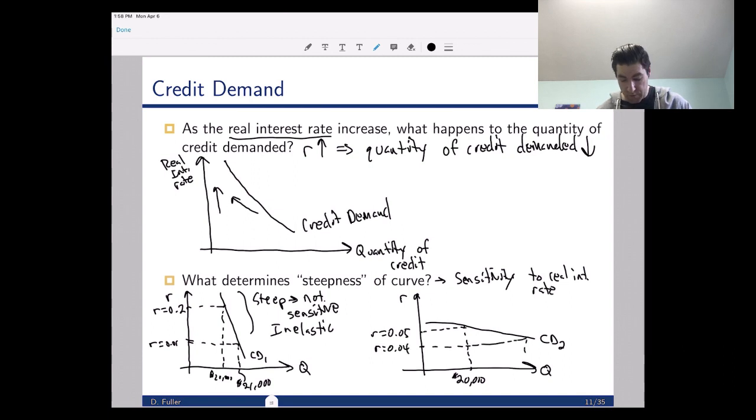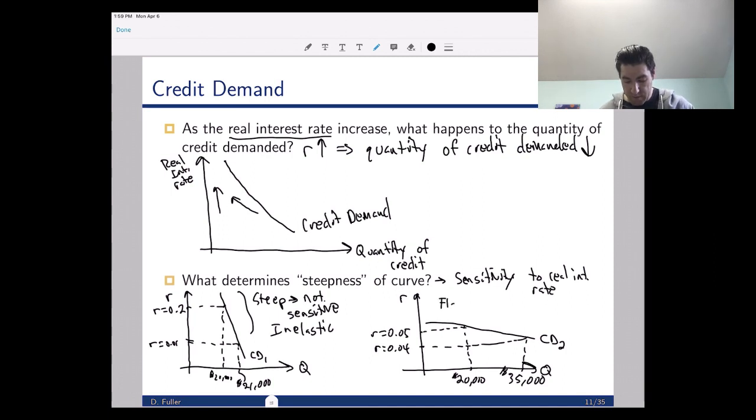Notice we go much further along the horizontal axis. So a 1 percentage point decrease in my interest rate, and all of a sudden I want a bunch more credit. We'll say $35,000. So when the curve is flat, I am very sensitive to the interest rate, and that causes a big change in the quantity of credit demanded.